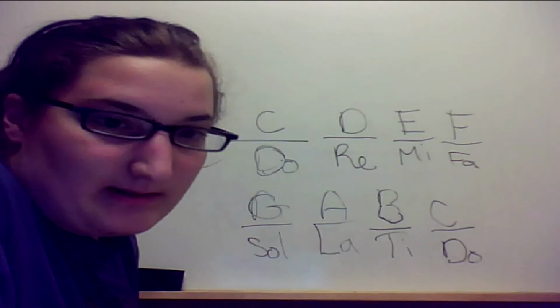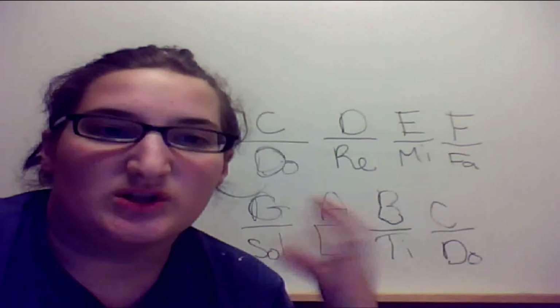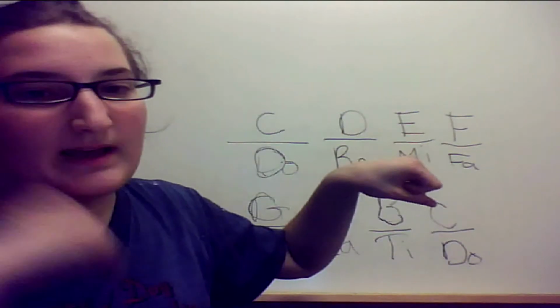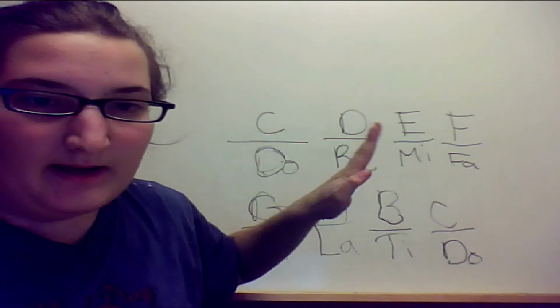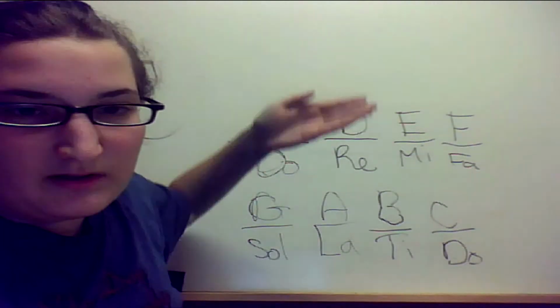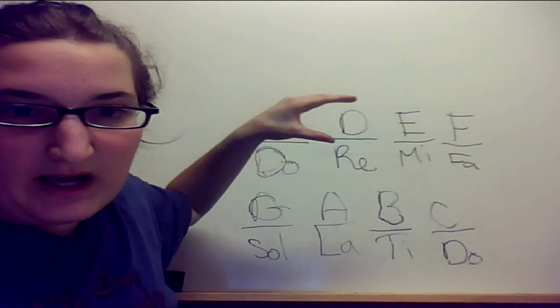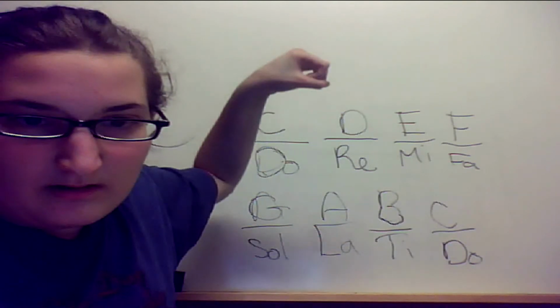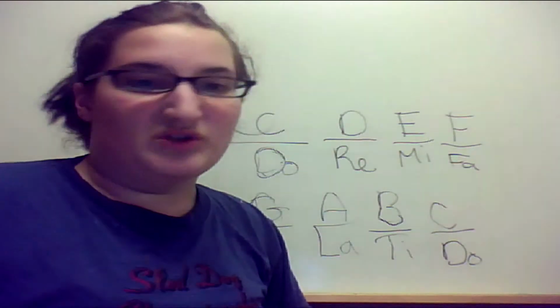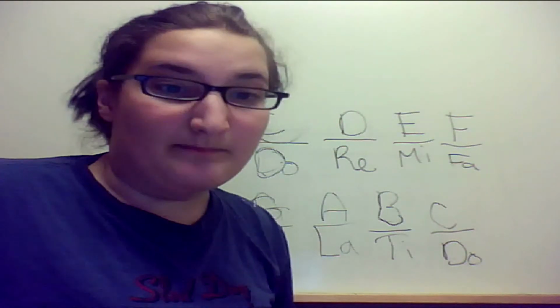This being said, a lot of music teachers teach it with hand signs because the hand signs kind of make it easier. So for do, they have this, and for re, mi, fa, sol, la, ti, do. In those hand signs, the do goes down by your belly button, which you can't see because it's out of the frame.